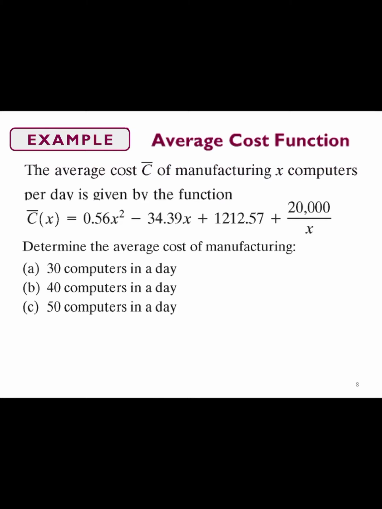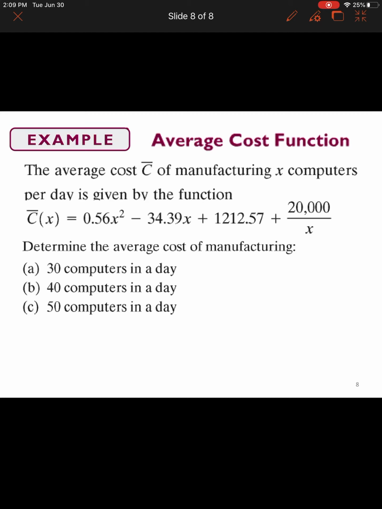The average cost of manufacturing x computers per day is given by this function. So it already gave you the average cost function. Notice it says x computers.